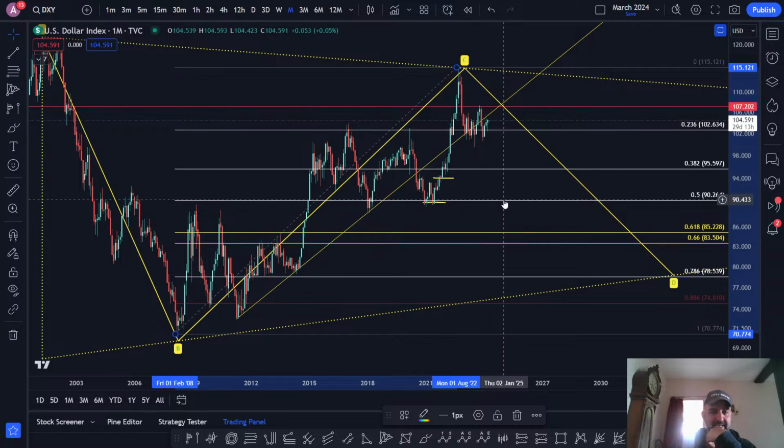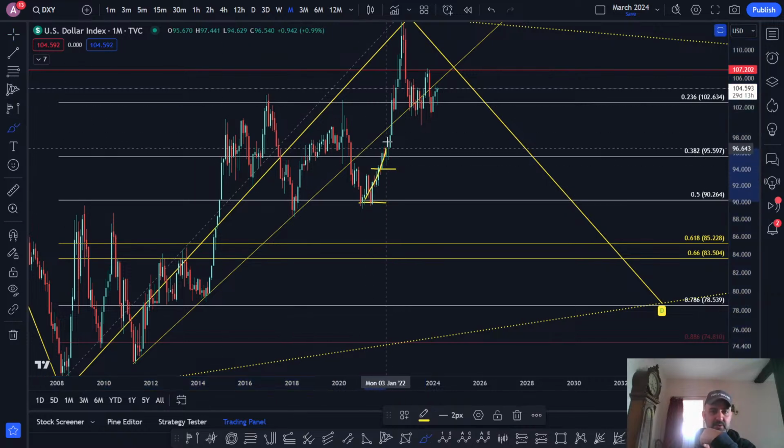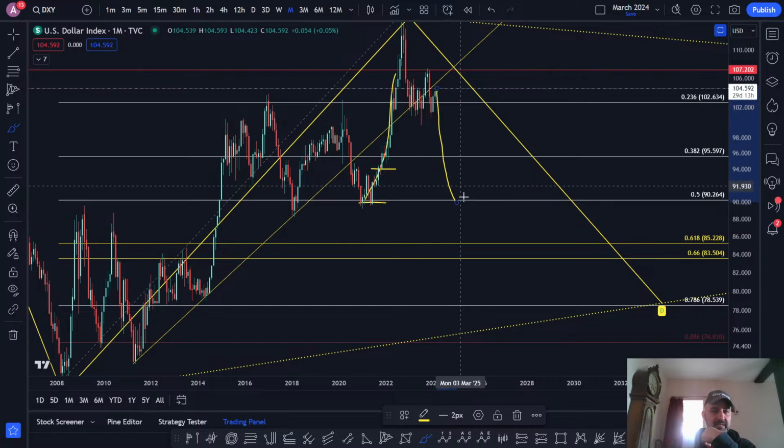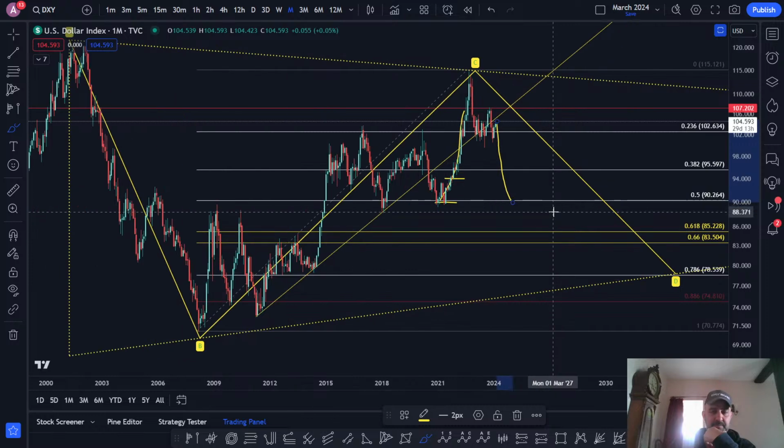I think it's probably heading down to there. I don't think that level will hold necessarily. And in the same way that the price ascended very quickly, you're going to get a very quick descent. Exactly the same behavior, in exactly the same way.